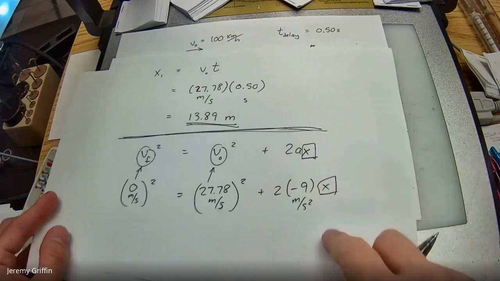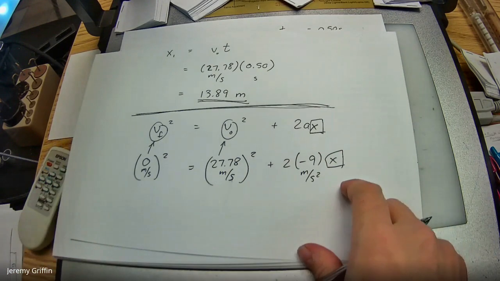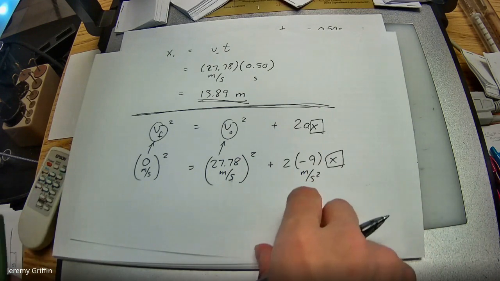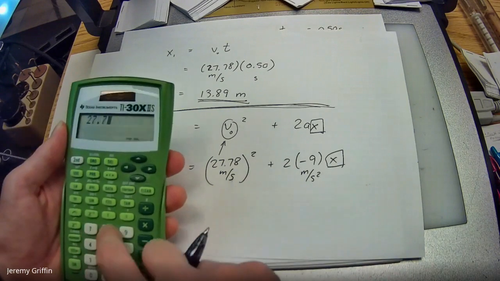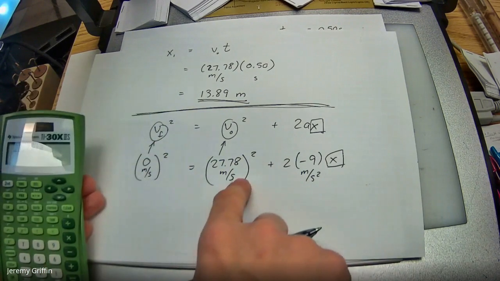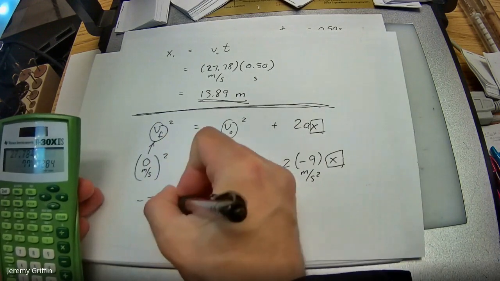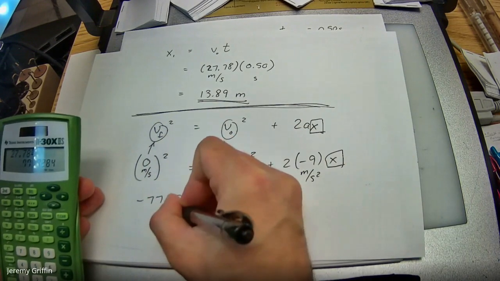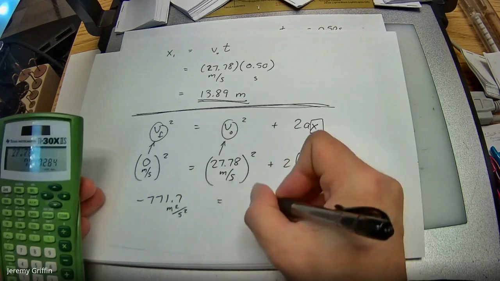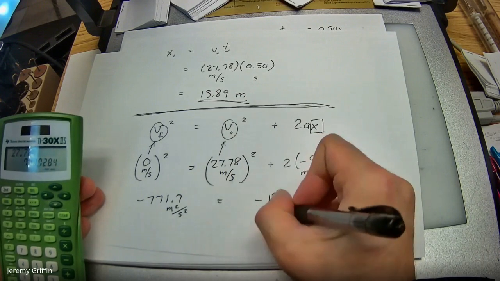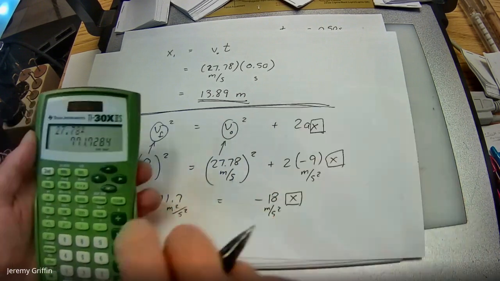Could we just go solve for x? It's just going to be some algebra steps. So I'm going to take the 27.78, square that, subtract that over, and get -771 is equal to -18 x. Divide both sides by -18.